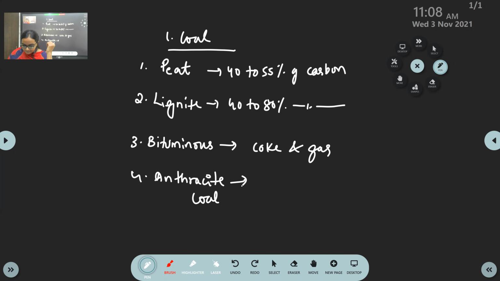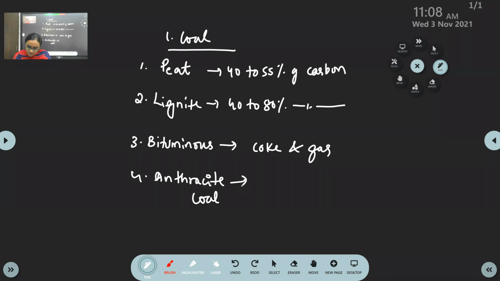So next point. Most of the coal in India is found in Gondwana deposits. Full stop.